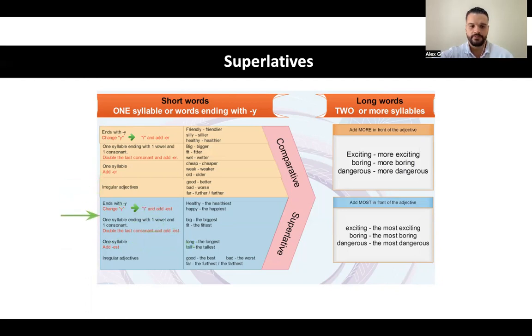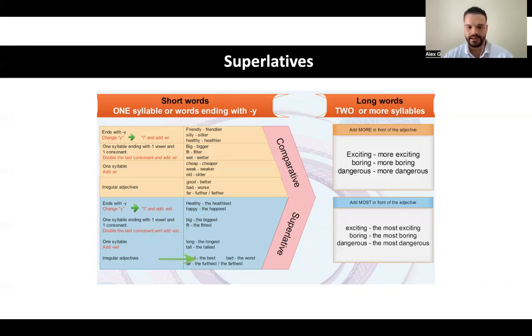And please be careful because both comparatives and superlatives have irregular adjectives. Good becomes better, bad changes to worse, far can be further or farther, and the same goes for the superlative.